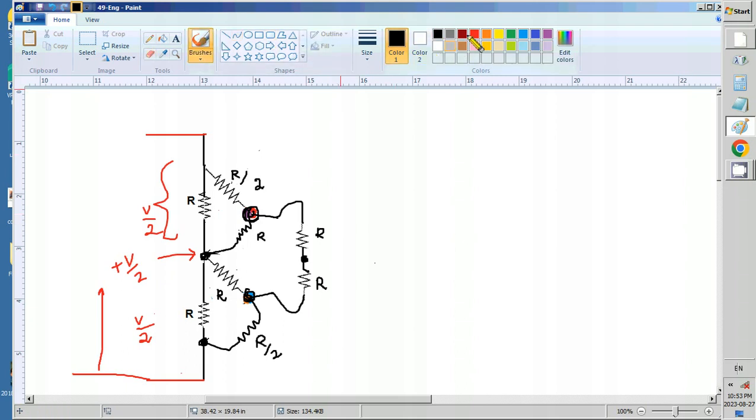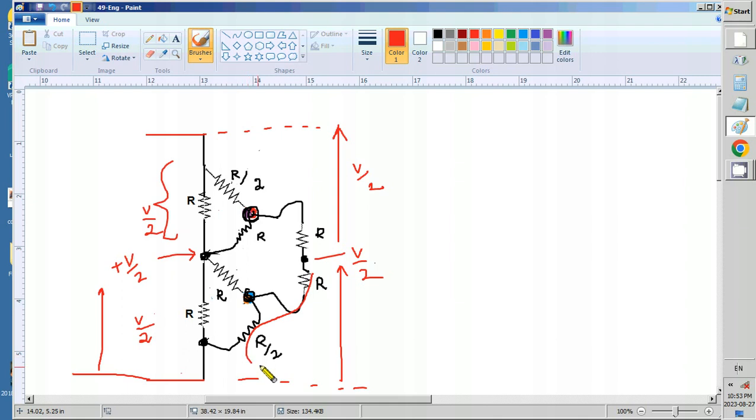So this point now you can say is V divided by 2 from the bottom line. The voltage is V divided by 2, the other V divided by 2 is here, because the resistance must be equal, or the ratio must be equal. So here R and half R, this upper side also half R and R. So this one is the center.